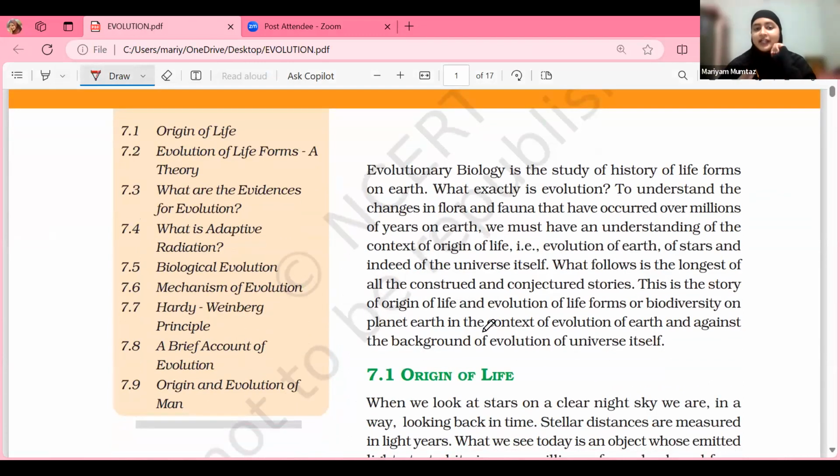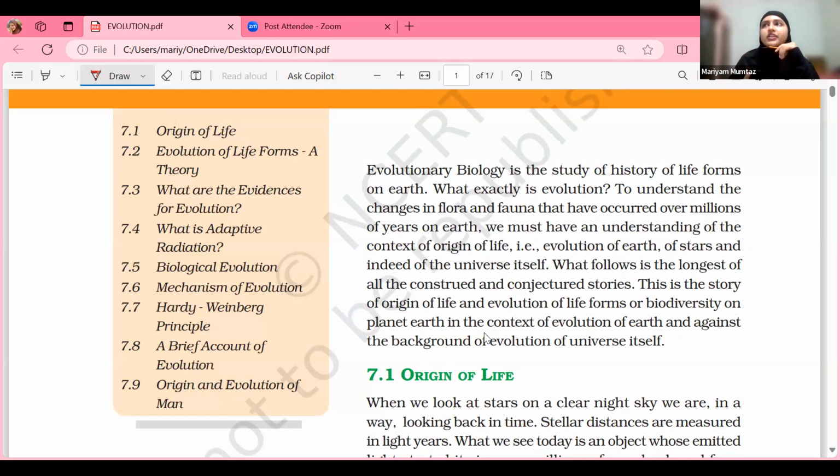All right. So starting with evolution. Now, what is evolution, right? So evolution is the study of how life forms first of all evolved, meaning came to existence.